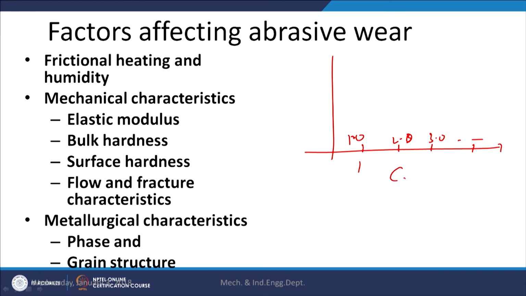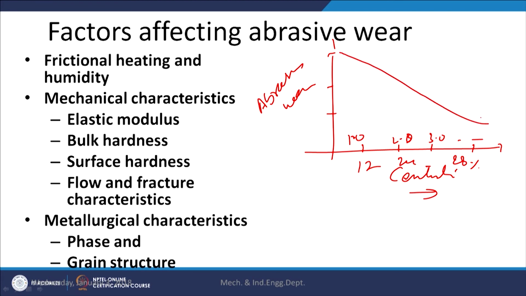So, if we have cementite on the x axis, like 12, 24, 28%, and on the y axis the abrasive wear, we will notice a continuous drop in the abrasive wear with the increasing fraction of cementite. This is because compared to pearlite and ferrite, cementite Fe3C is significantly harder, which resists the abrasion by reducing the indentation, and therefore abrasive wear resistance is enhanced with the increasing fraction of cementite.